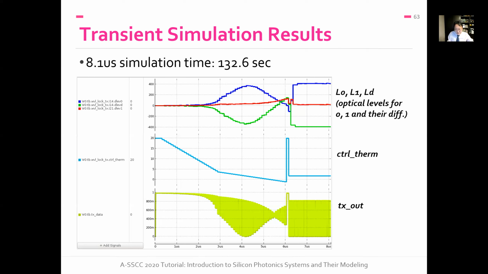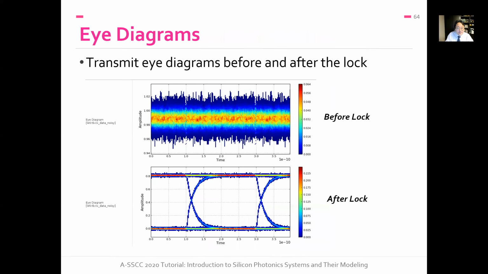And then you have this massive digital circuit doing this complex sweeping, recording, and selection, and so on. All of that took only about 2 minutes for 8.1 microseconds of simulation time. So you can see that we have achieved the goal.